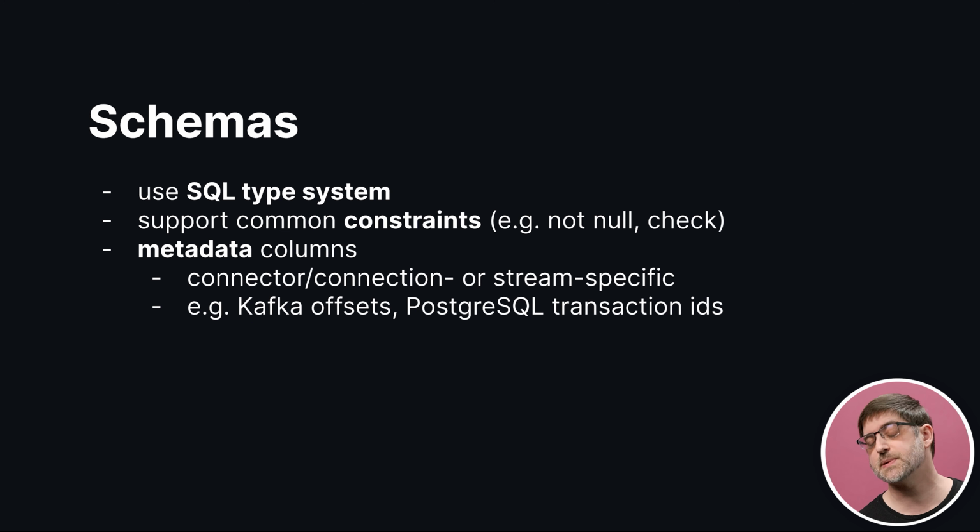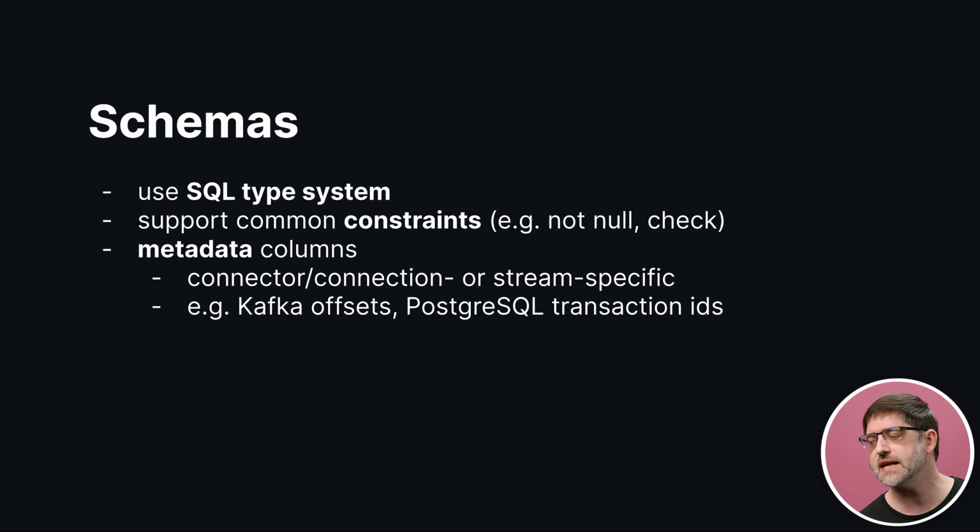So in addition to just supporting the types, we also support constraints. This is where people can encode business checks like not null enforcement, or check constraints, like to check the length or the particular format of a value. And we support the ability to map into the user record space what we call metadata fields. Some people call them virtual or computed fields.